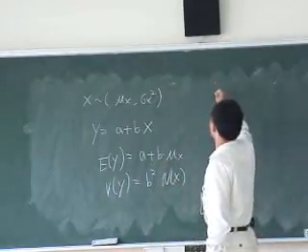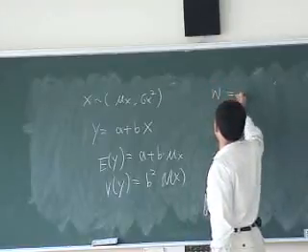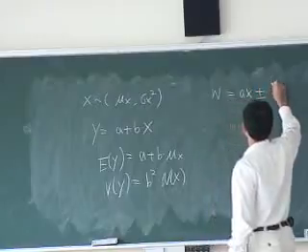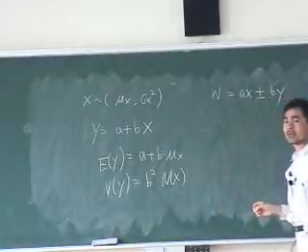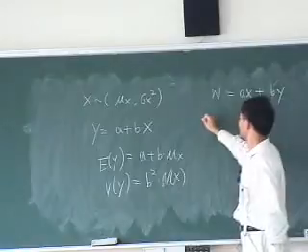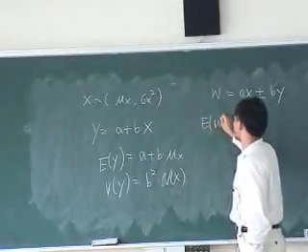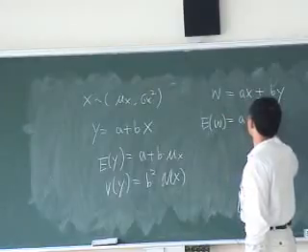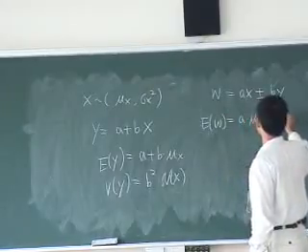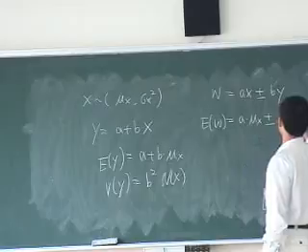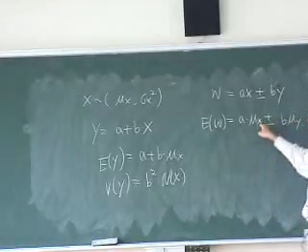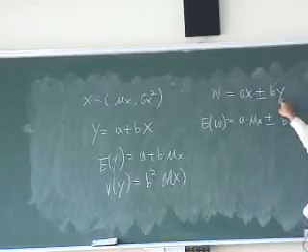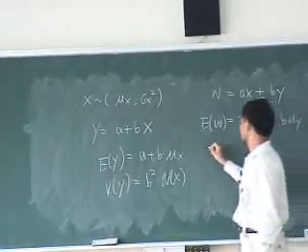What about here? Say you have W equals aX plus minus bY. Okay? Then what about expectation of W? Expectation of W will be a times mu x plus minus b mu y, right? So mu x is for the random variable X. Mu y is for the random variable Y. But what about here?